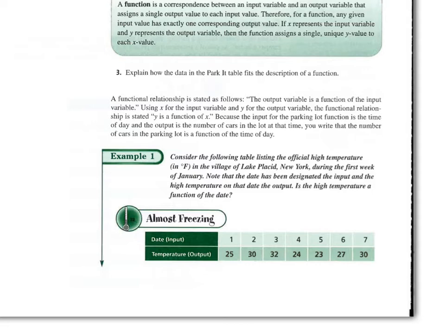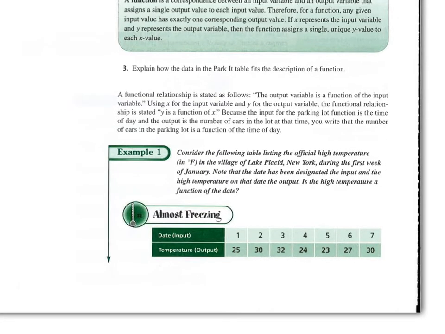Because in there, each time maps to or corresponds to one number of cars. There's no time that's going to two numbers of cars.